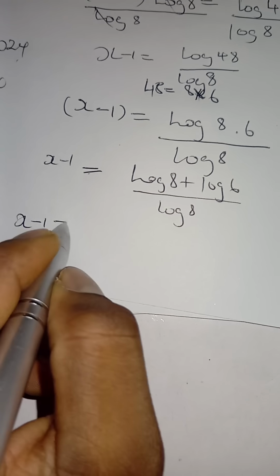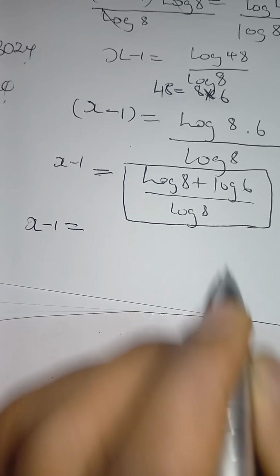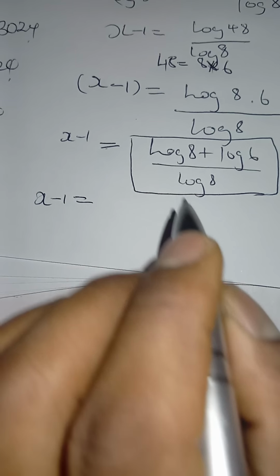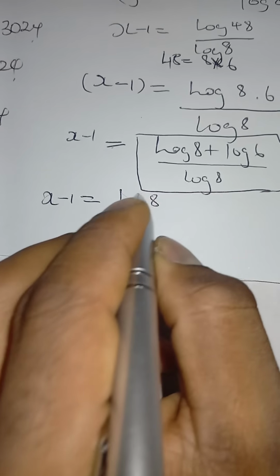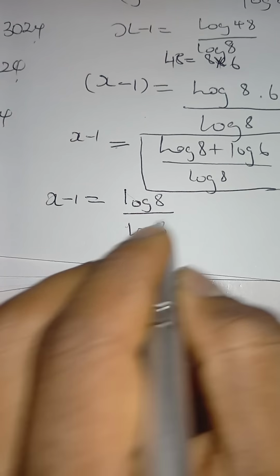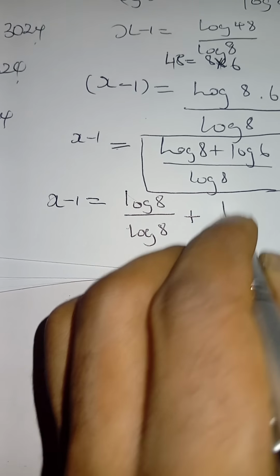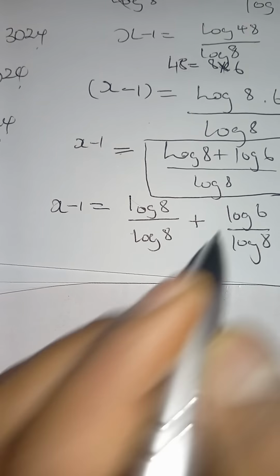So x minus 1 is equal to, this is equivalent to, log 8 divided by log 8 plus log 6 divided by log 8.